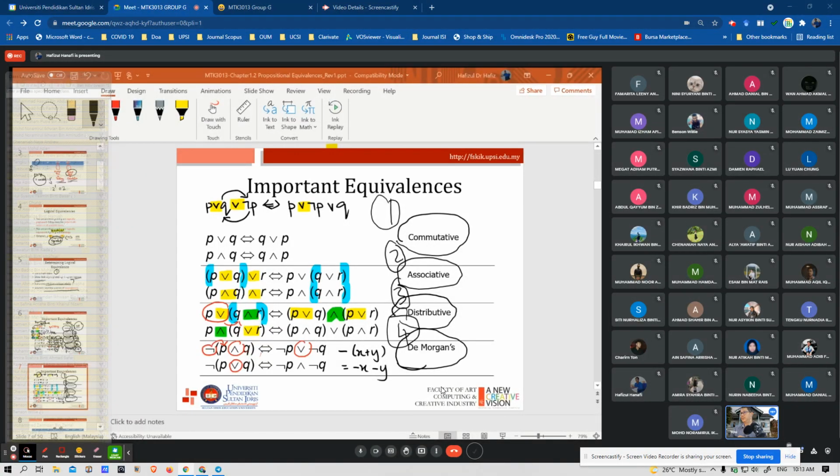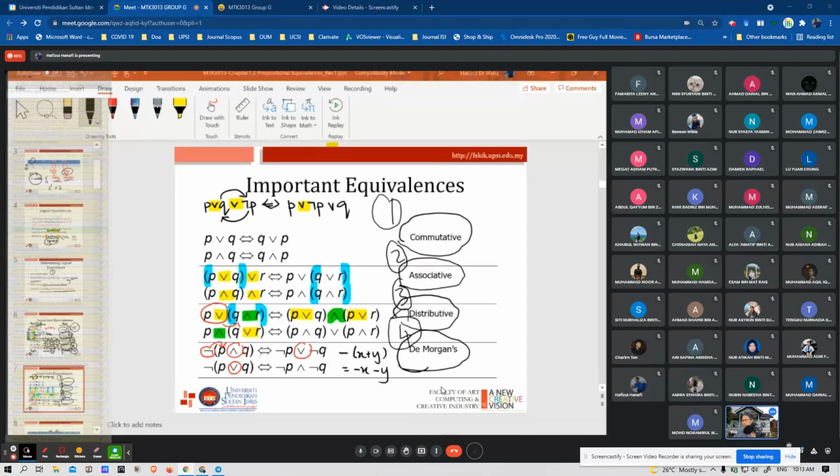It is a fundamental property of many binary operations and many mathematical proofs. The commutative law says we can swap the propositions and still get the same output.